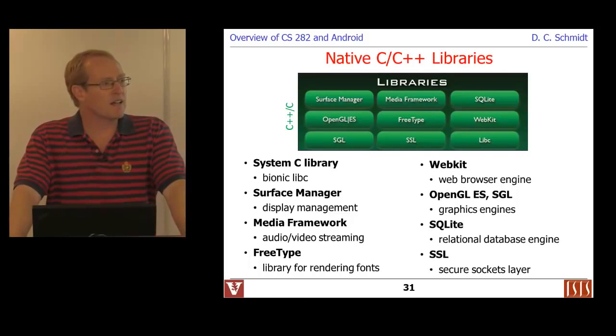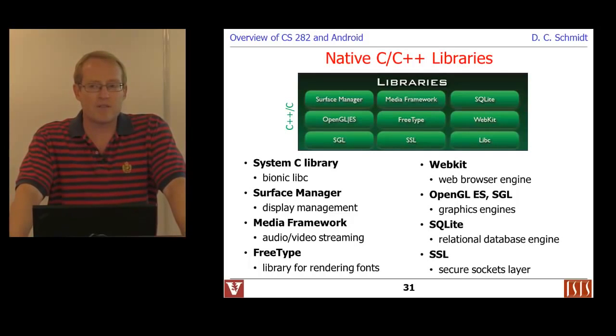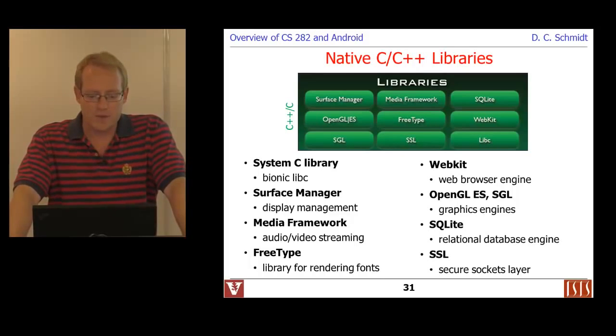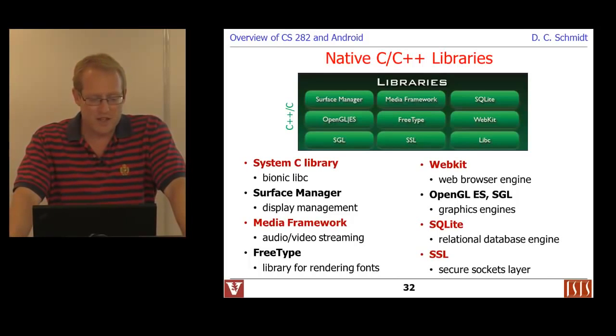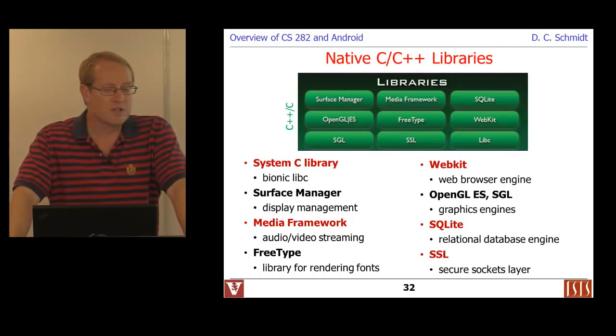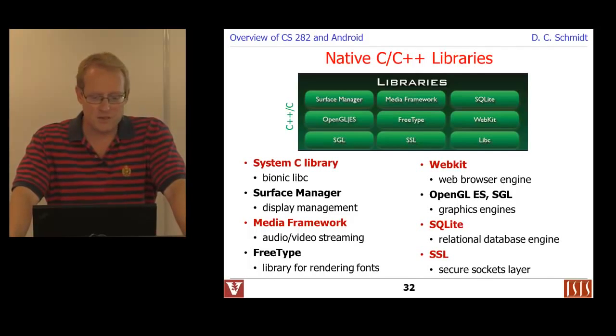On top of the operating system and on top of the hardware abstraction layer are basically the native C and C++ systems service libraries. So there's a bunch of the things here. They have stuff in there that basically provides you with libc, which is the standard C library, APIs, things like fopen, fclose, other things that interact with the operating system and the system libraries.